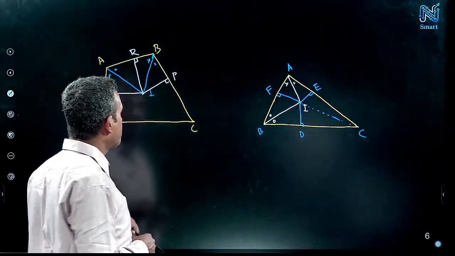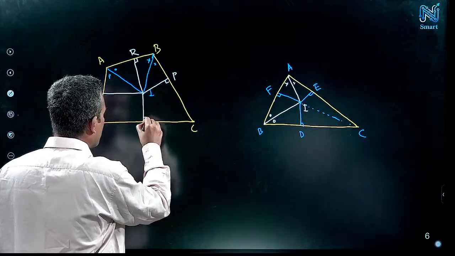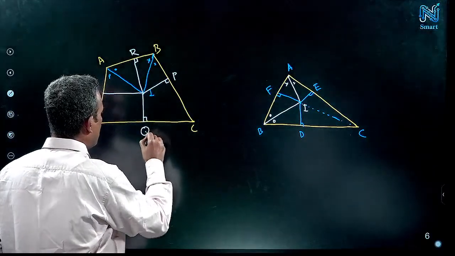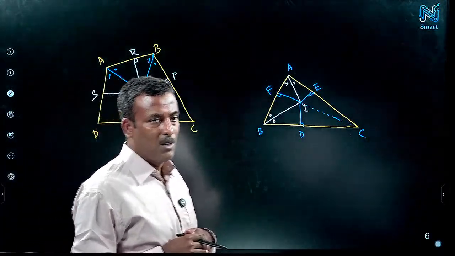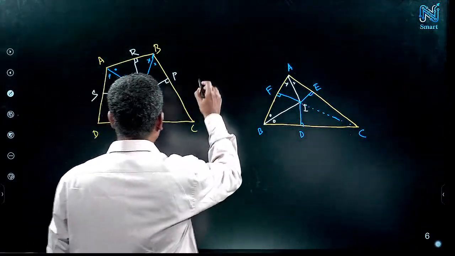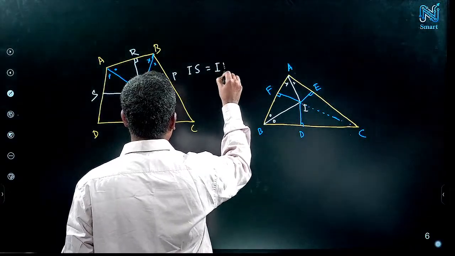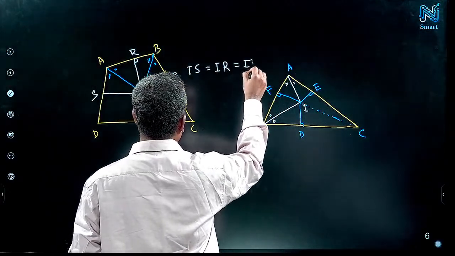So how do you prove this? Okay, draw the perpendicular. We don't know whether IQ is the same as IP, or we already know that IS is the same as IR is the same as IP.